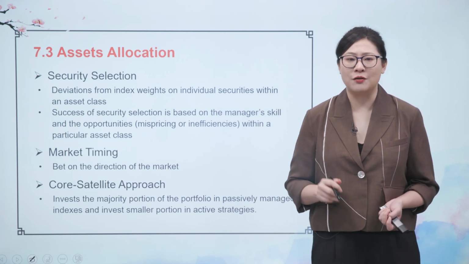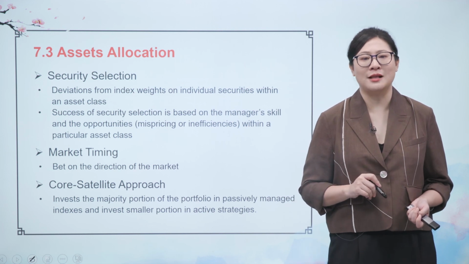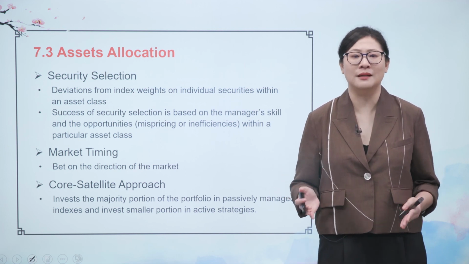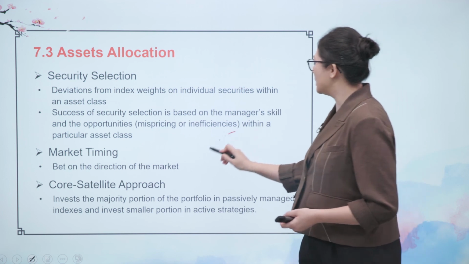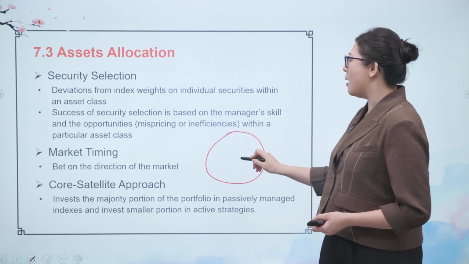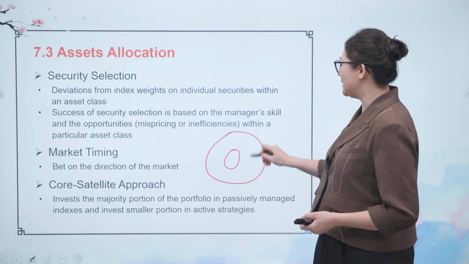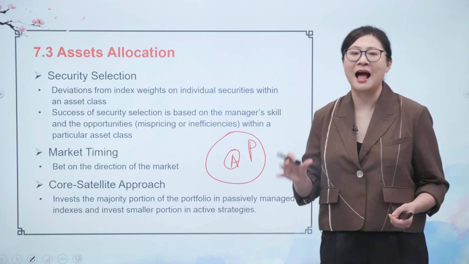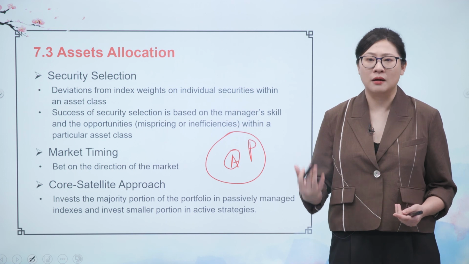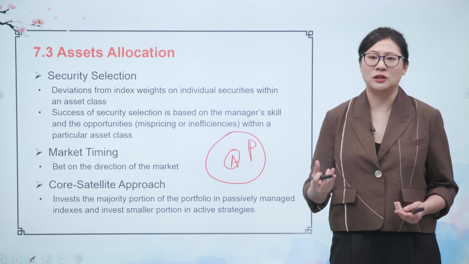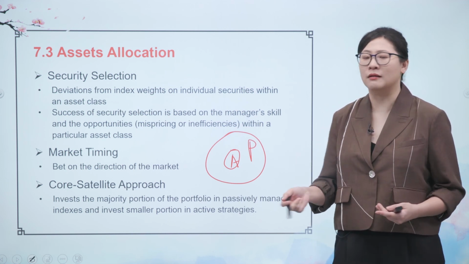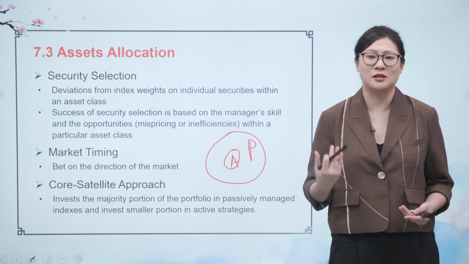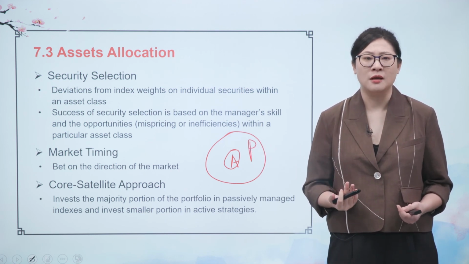So that's a very famous recent strategy, the core satellite strategy. We invest most of our money in the passive part and only a small part in the active part. So we can earn the market risk premium and also earn our active return from this strategy.